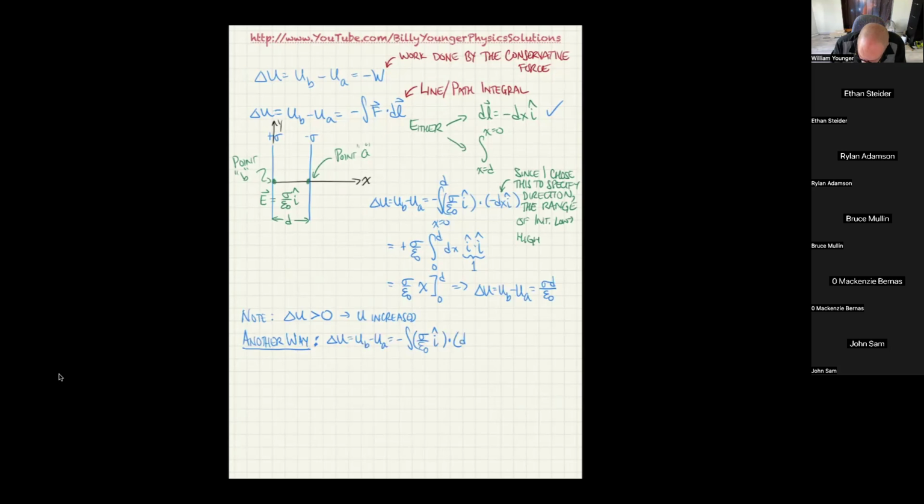So that means I'm just going to say dx i hat like that. But now, because I'm doing that, I have to specify the direction of integration by putting the range of integration in the proper order. So I'm going to integrate from x equals d to x equals 0. Okay, so this is the other choice.